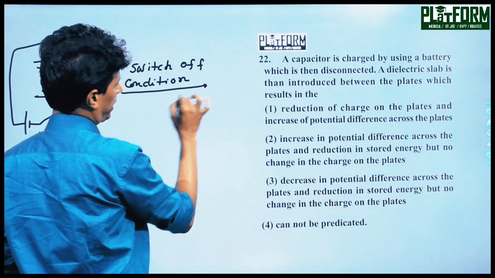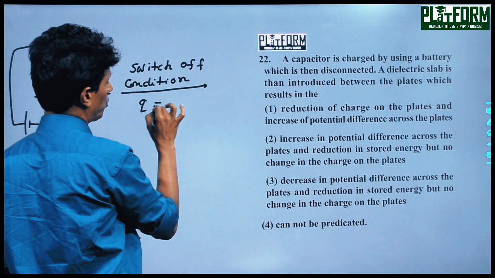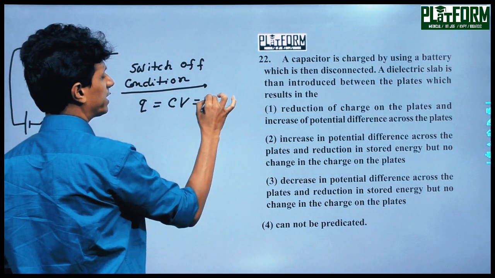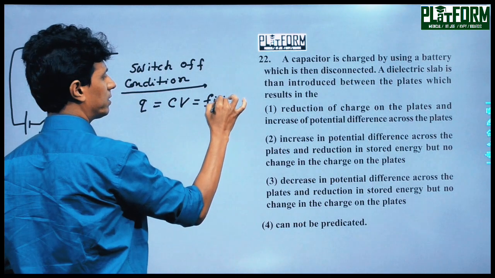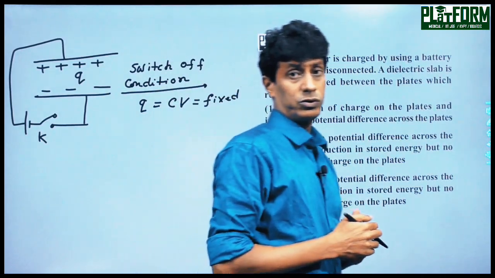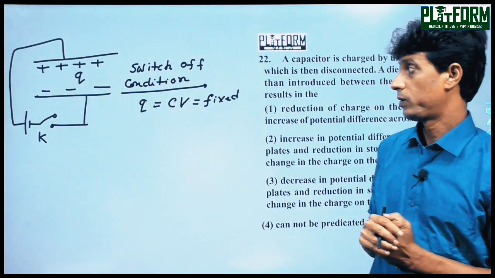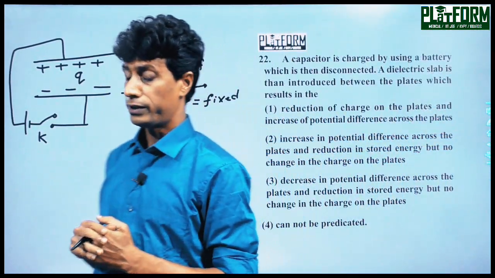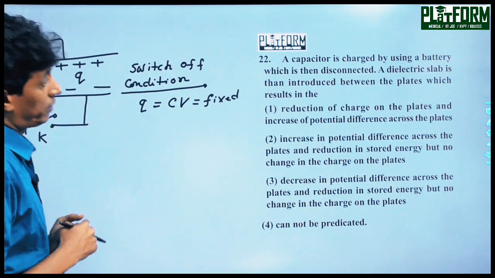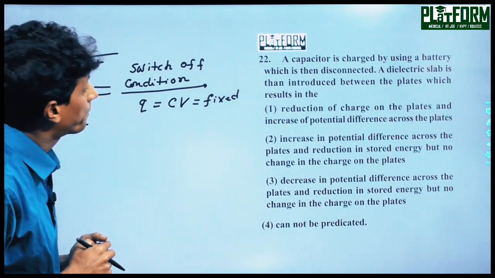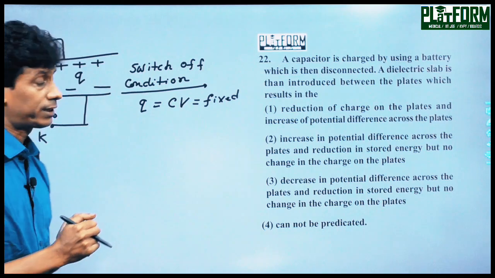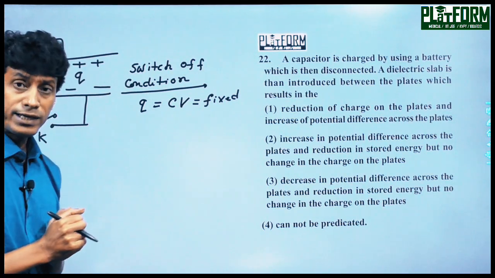In this condition Q is equal to CV and this value is fixed. So this is the problem under constant charge, whatever alteration happens here due to the insertion of the dielectric inside the condenser.